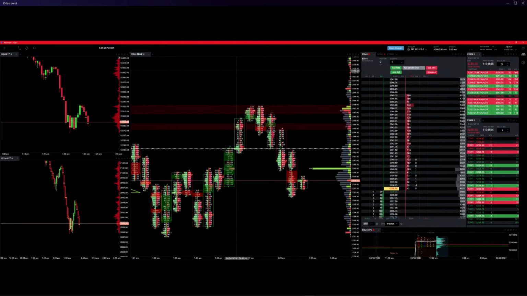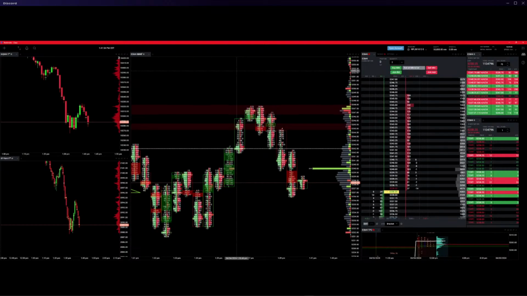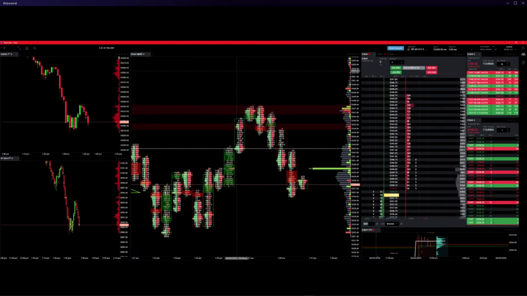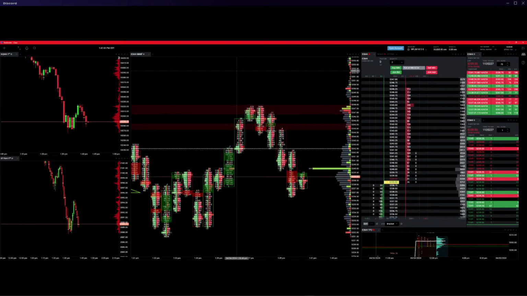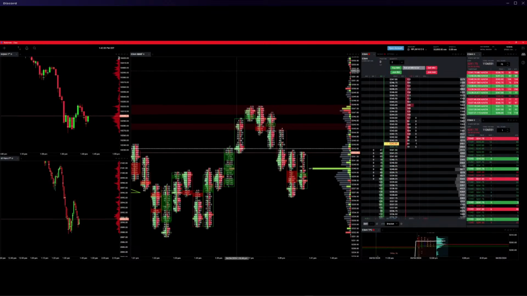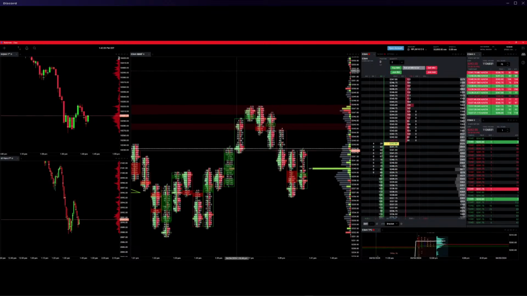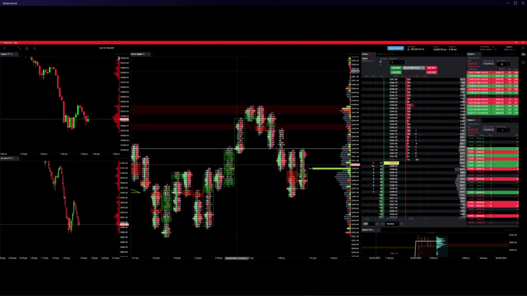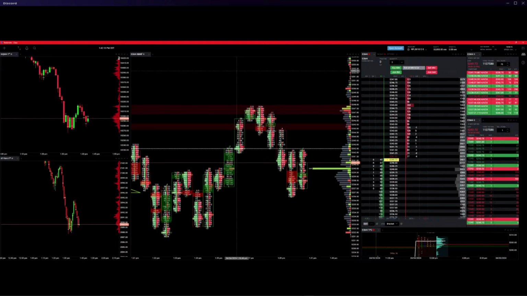I have to scroll up. This was a trade I took. I think this was the one we were actually talking about, was it not? Let me find it. Scroll, scroll, scroll.